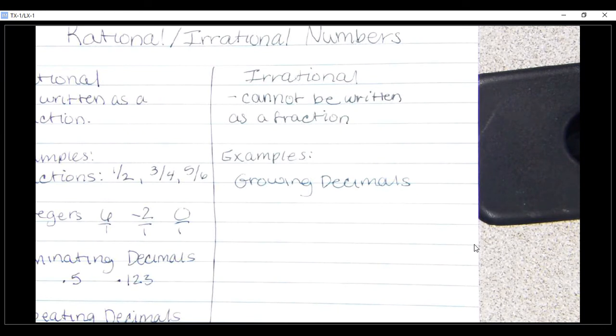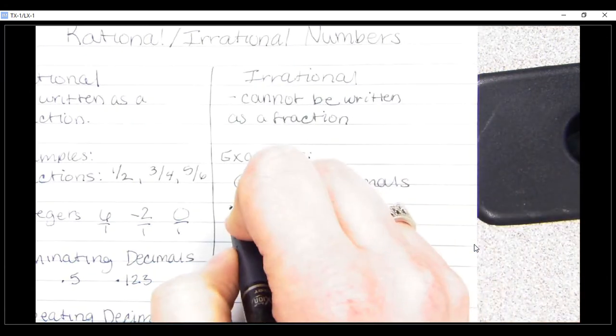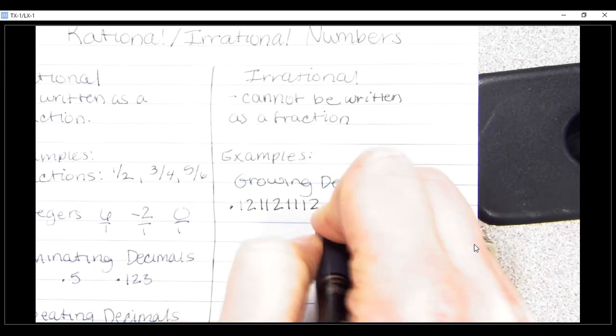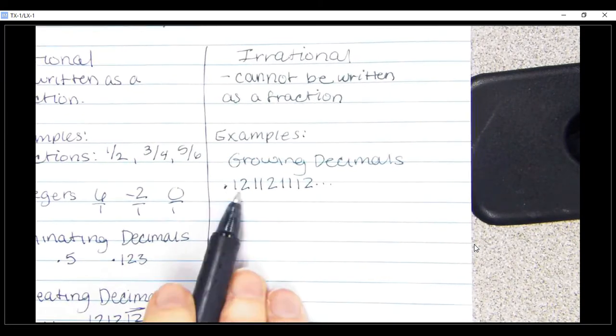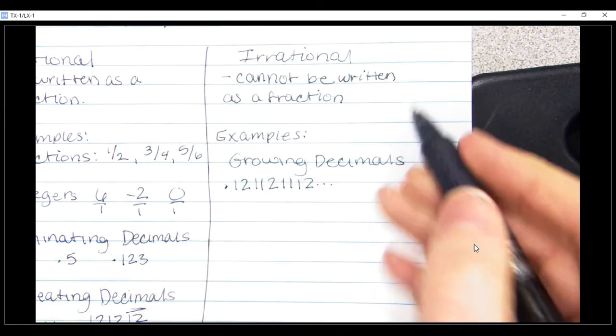Growing decimals are decimals where the numbers grow or increase in frequency. So what I mean by that is patterns. So 1, 2, 1, 1, 2, 1, 1, 1, 2, and then with those three dots at the end. As you can see, the 1 is increasing in frequency. First, it's occurring once, then twice, then 3 times.